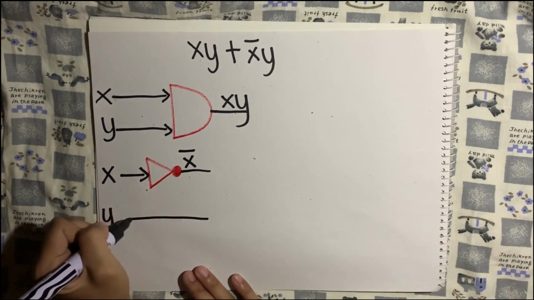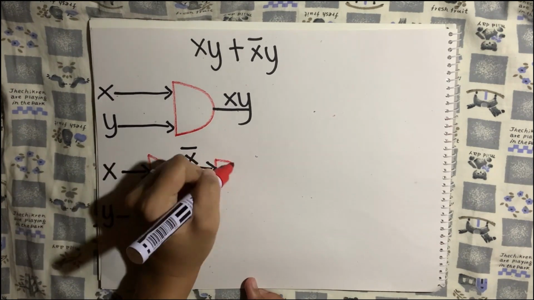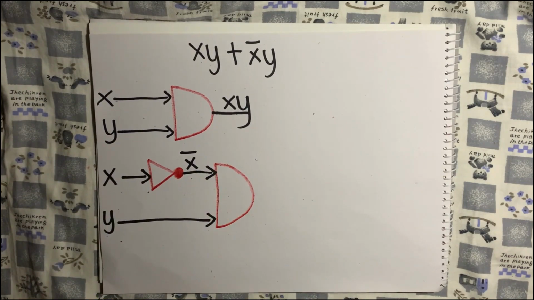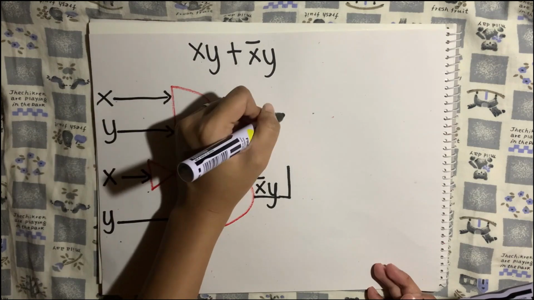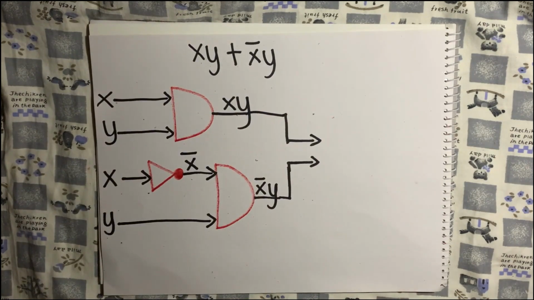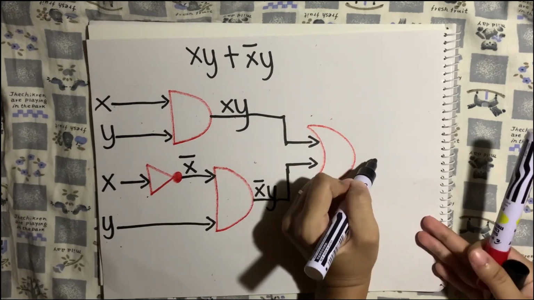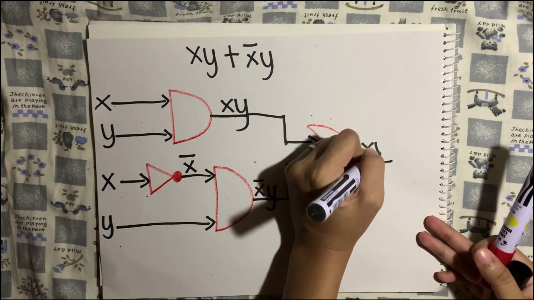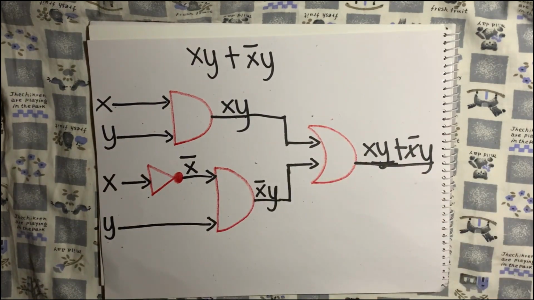And then the input of x complement and y. And then we combine it using the OR gate. There you go! We have created the output for x and y plus x complement and y.